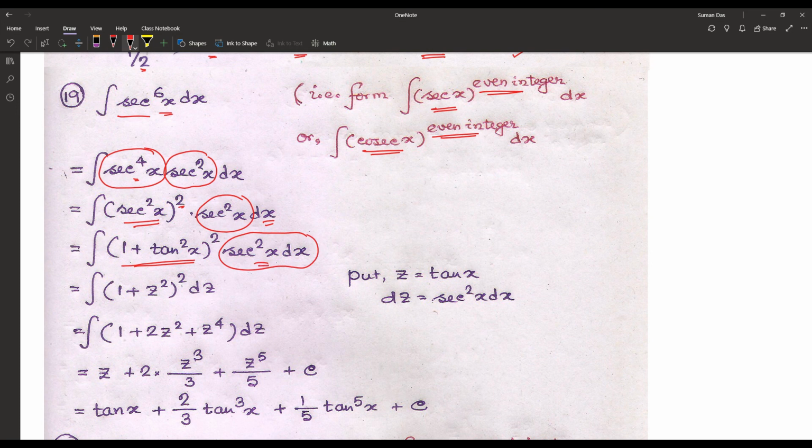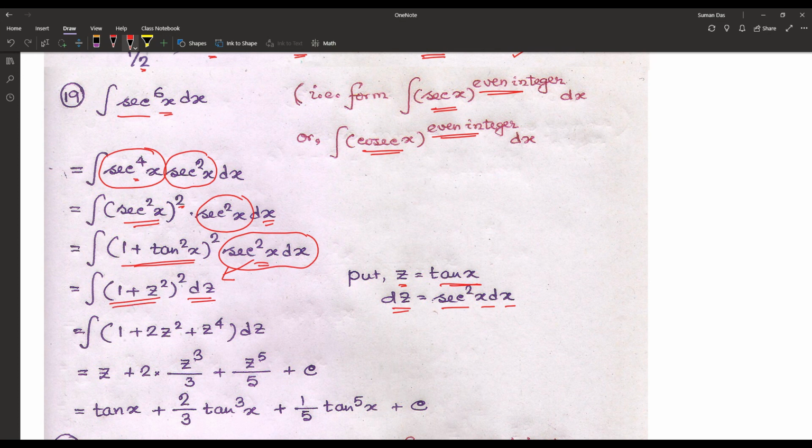Once again we are putting z is equal to tan x, which gives us dz is equal to sec square x dx. So we are writing sec square x dx here as dz, and the other part is 1 plus z square whole to the power 2.